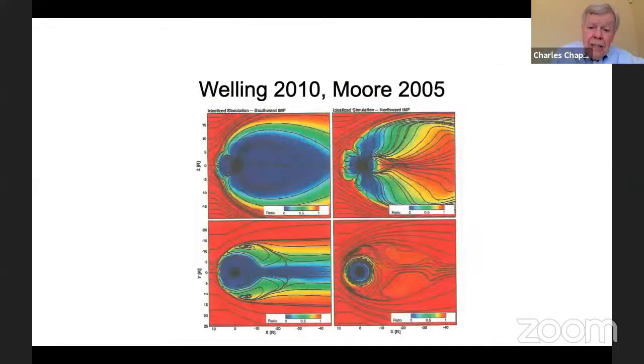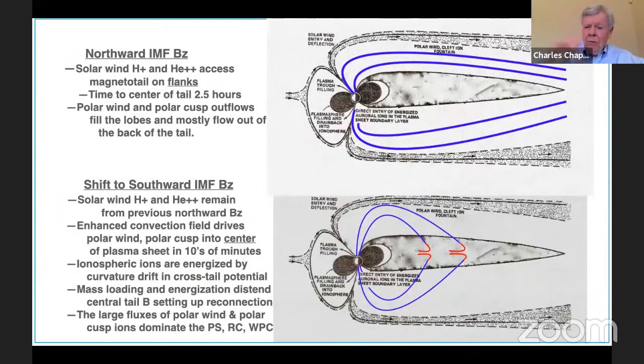Good question, Pat. So what I think we'd be talking about there is that the loading of the tail sets up the opportunities for reconnection. There's just more energetic plasma in the center part of the plasma sheet, and it's distending the magnetic fields.